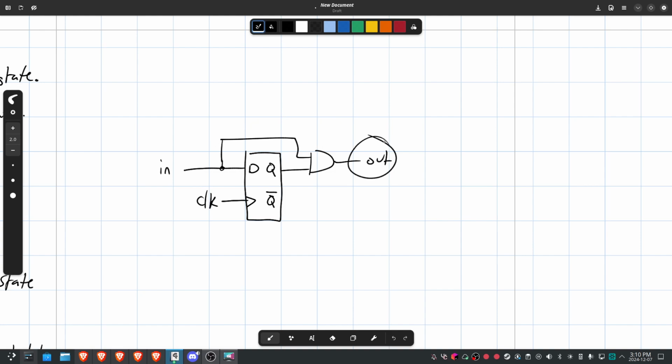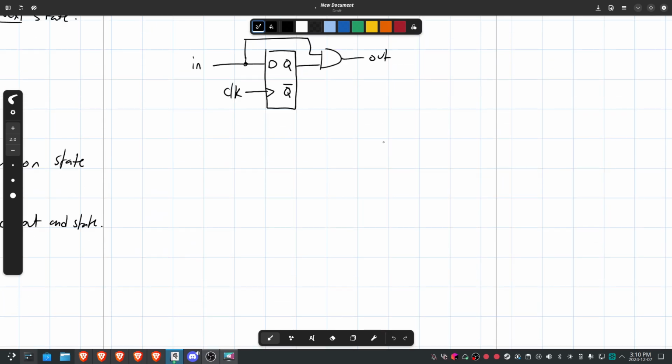Let's draw a little state table for us. So, state assignment table. We're going to have our current state, our next state, and then our output. For our current state, we only have Q. It's going to be either 0 or 1.